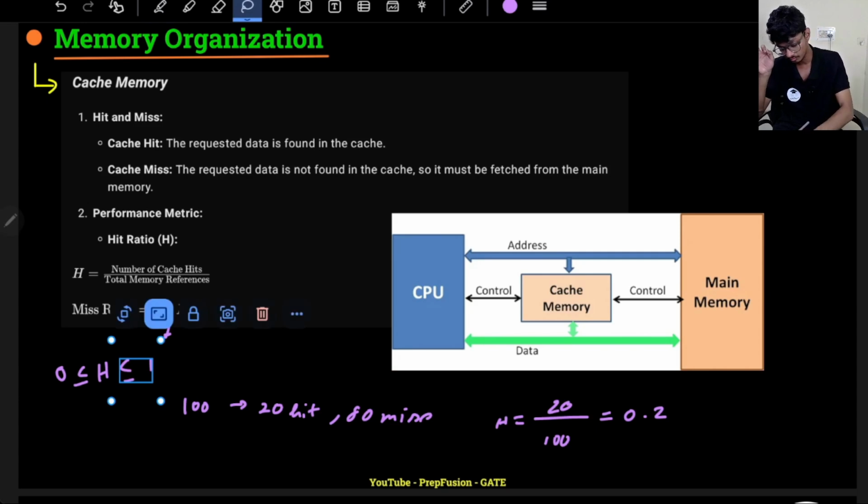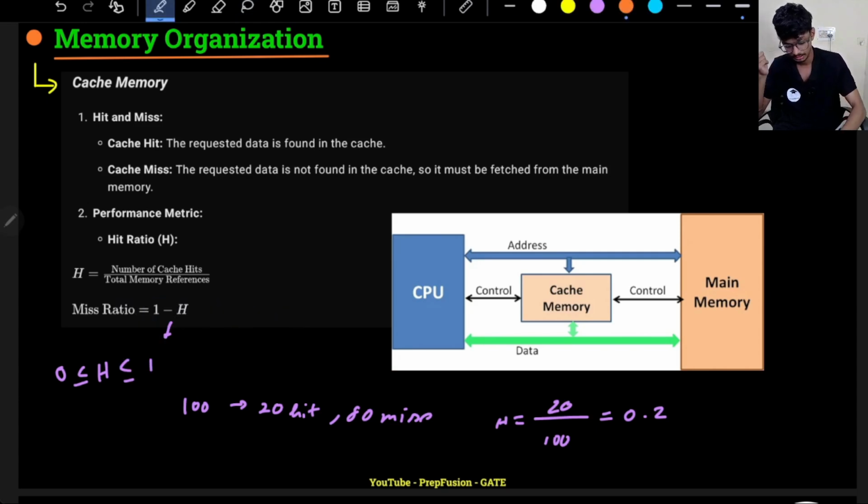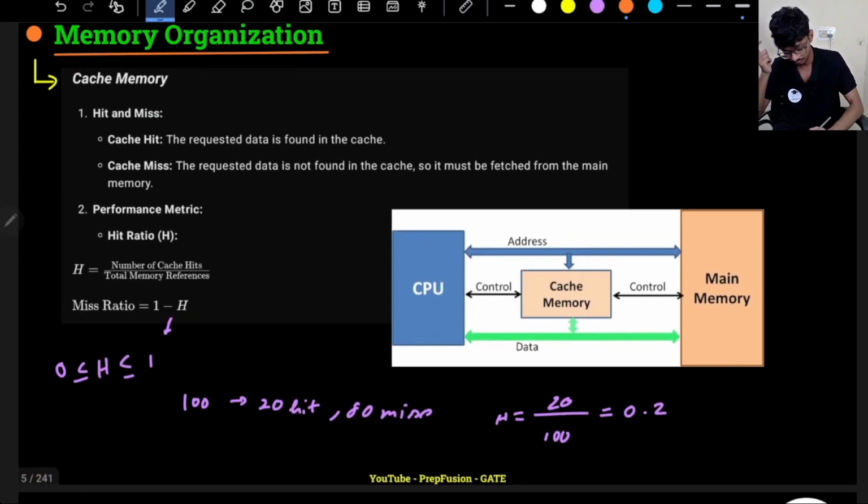So can you tell me which one is better? Having a higher hit ratio or having a lower hit ratio? Of course, having a higher hit ratio is better. If my hit ratio is higher, that means my data transfer will happen very fast. I don't need to go to main memory multiple times.